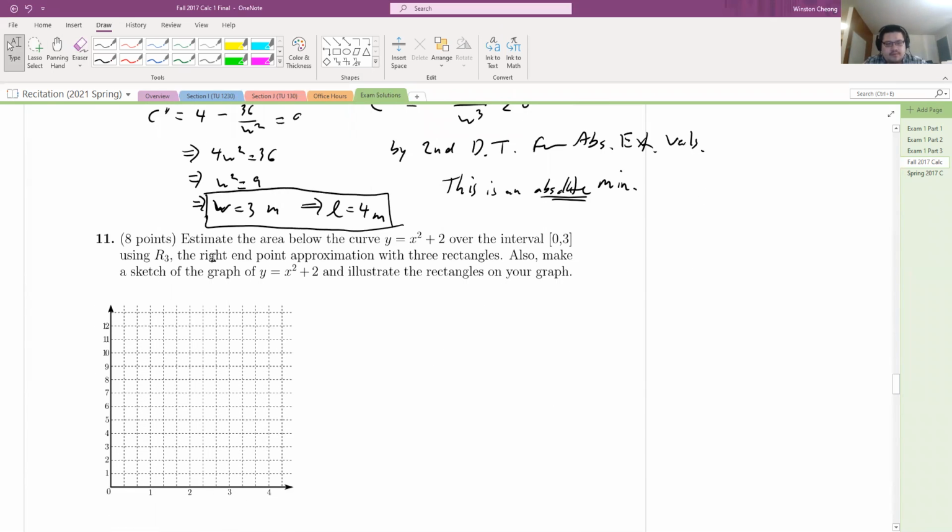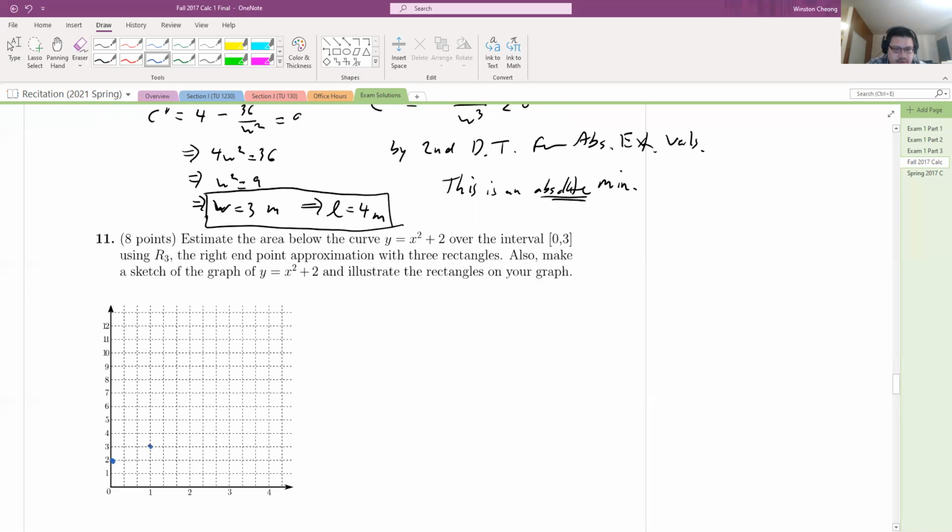Continuing, estimate the area below the curve over an interval using R equals 3, right endpoint. And it wants us to graph this. Well, that's fine. I'll start by graphing it. So when we go over to 1, that should go to 3.